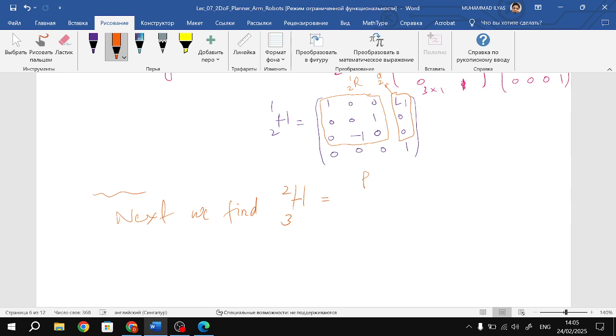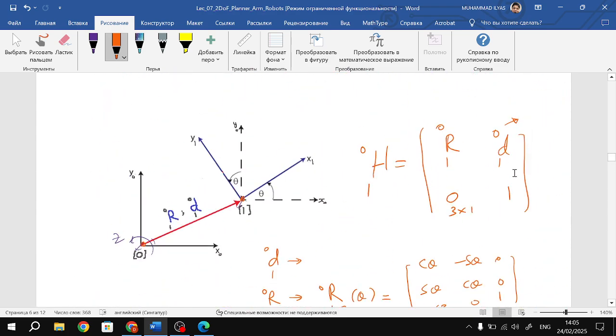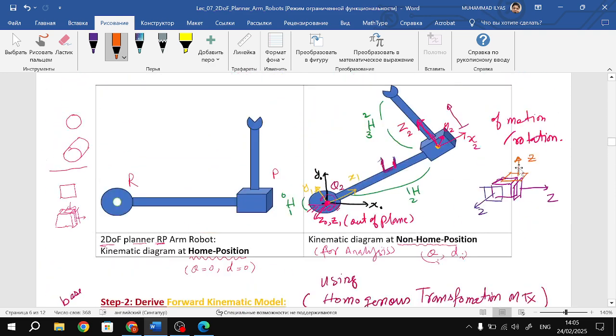So in this case we have to find the 3 to 2 rotation matrix, then the D 3 to 2 displacement vector, and then there are 3 zeros and there is 1. That is our HTM for the last 2 frames. Let's go to our kinematic diagram and see how our last 2 frames look.